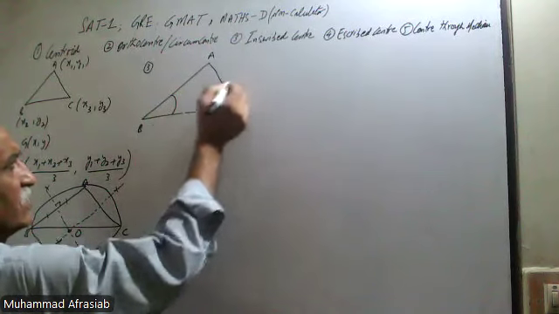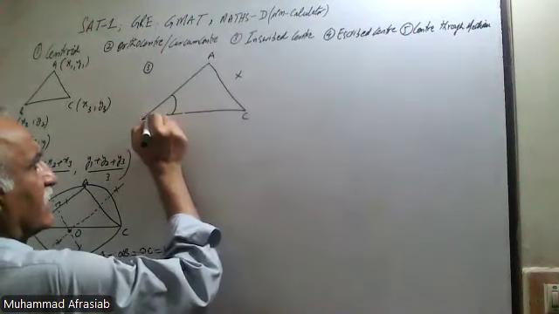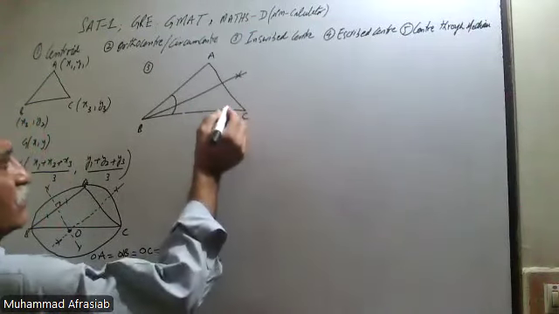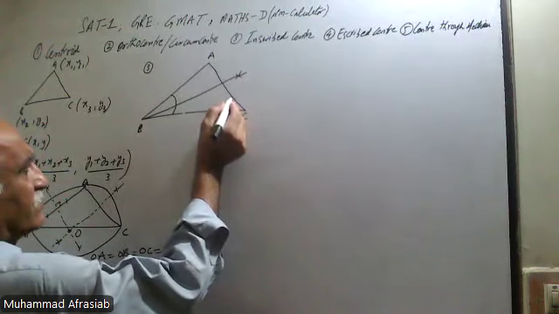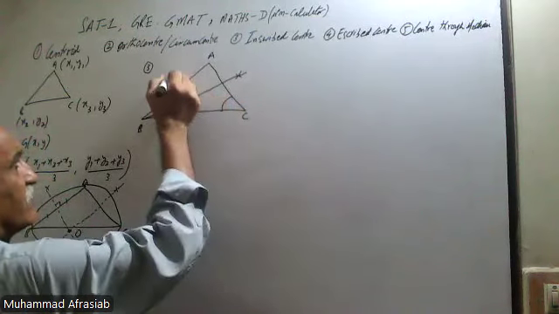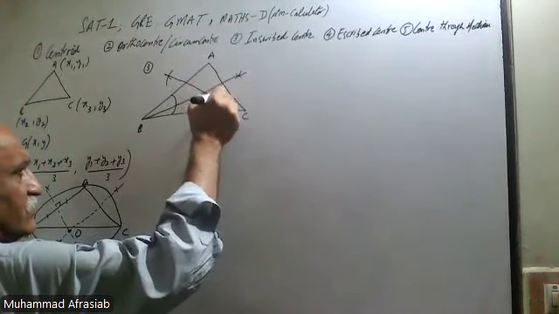Then from this point, draw an arc, and from this point, draw an arc. So this is a line drawn from this point. Same, you can process it with the C point, and you can draw from this point and from this point, and you can get a line through this.